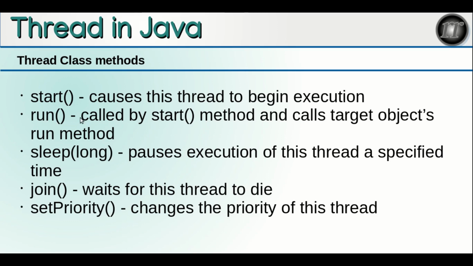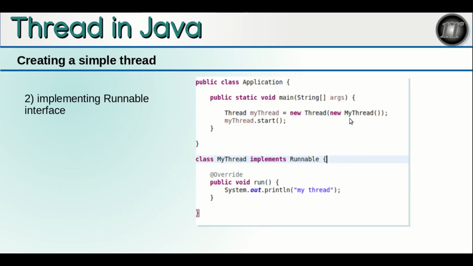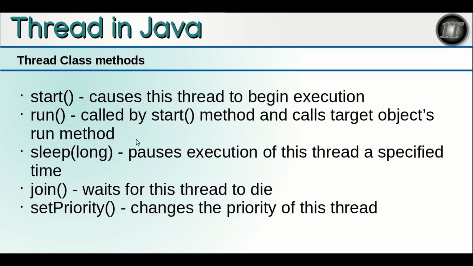So whatever you pass, here you have passed the MyThread class object, when you call the start method, the run method of this target class will be triggered. So it will create a thread. A thread will not be started by just calling the run method. You will have to call the start method.